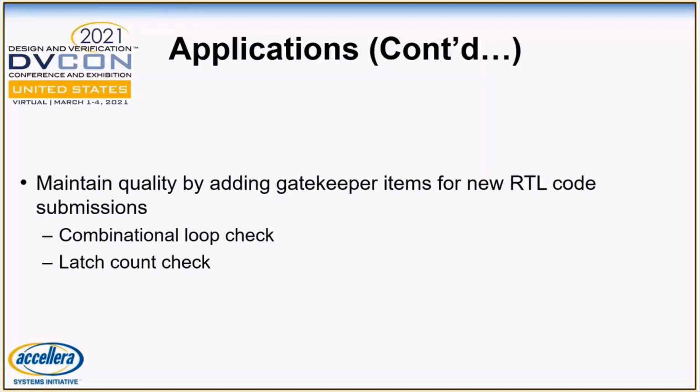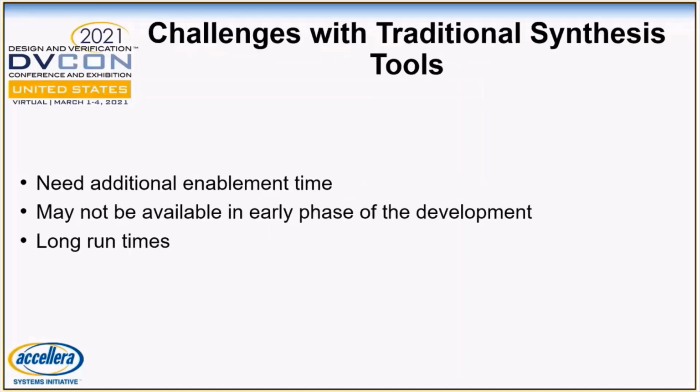So now you would think that we can do the same with traditional synthesis tools, then why not use them? Well, of course, this can be done by traditional synthesis tools, but there are some challenges with them. Standard synthesis tools may need additional time for setup, or may not even be available during the POC phase.